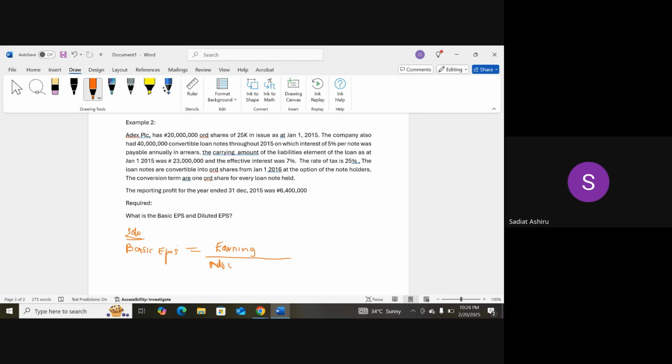Because this one is in value, that means we are going to divide by the 25 kobo to get the number of ordinary shares. Who wants to try and give me the answer? If I want to calculate my basic EPS, what will I put?